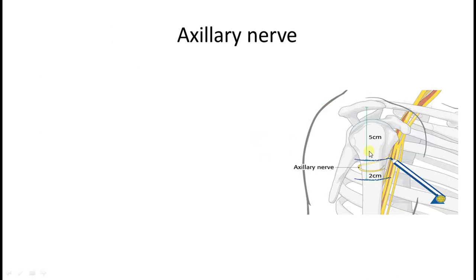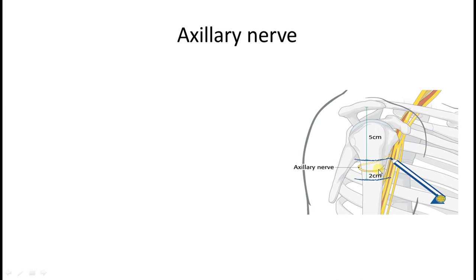Next is the axillary nerve. Why is it important? It is one of the preferred questions in the surface marking of the upper limb, because in fractures of the surgical neck of humerus, the axillary nerve is involved, causing paralysis of the deltoid muscle.